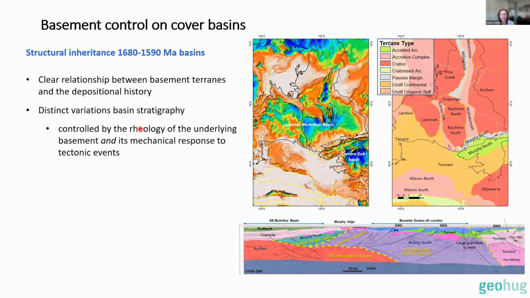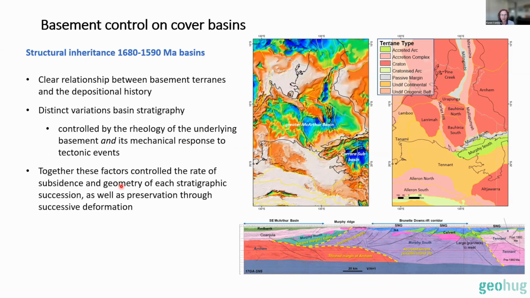And that's controlled by the rheology of the underlying basement and its mechanical response to the tectonic events. So together, these factors control the rate of subsidence and geometry of each stratigraphic succession, as well as their subsequent preservation throughout a number of deformation events.